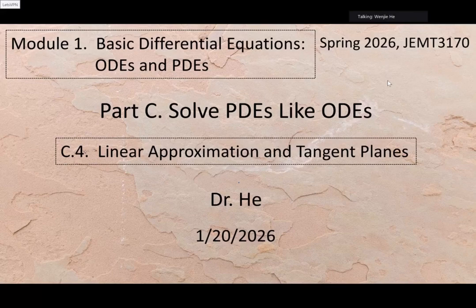How to do linear approximation? We use a tangent plane. With one variable, we use a tangent line to do approximation. So here, tangent plane. Let me explain the basic idea, from tangent line to tangent plane.